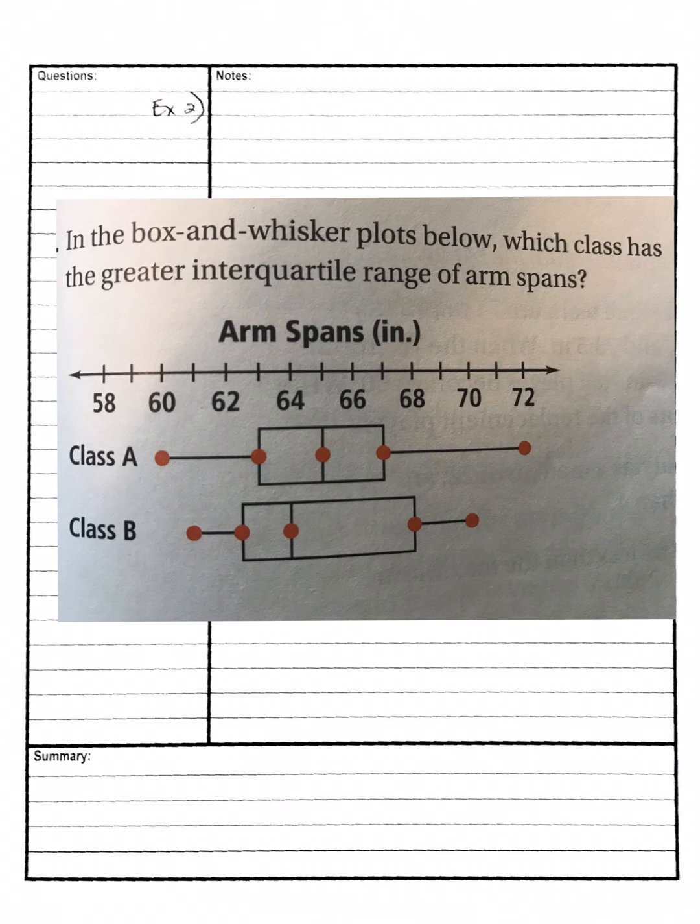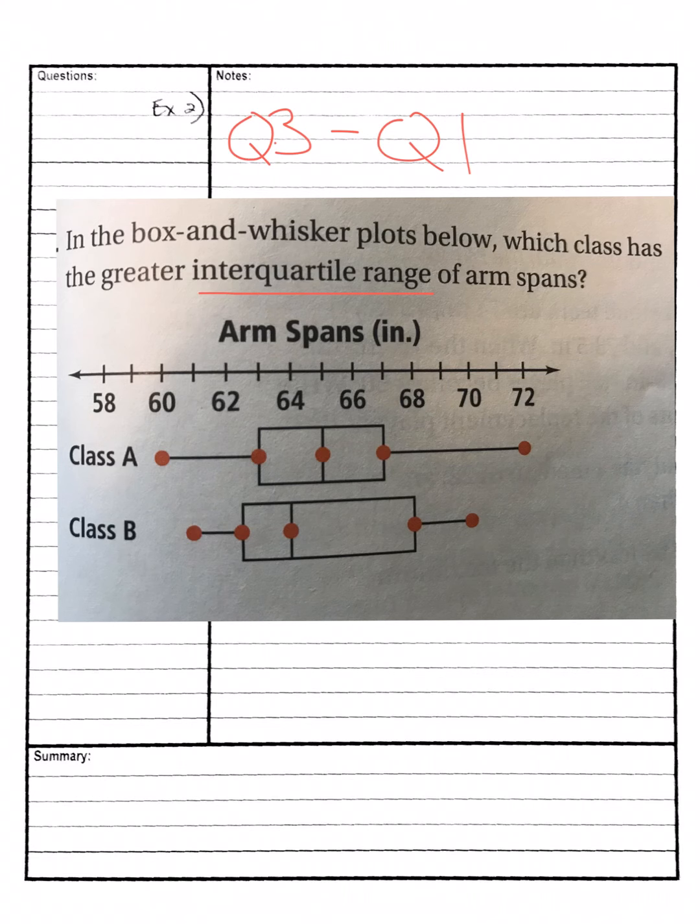I haven't actually talked to you about that yet, so this is a perfect time to talk about the interquartile range. The interquartile range is a form of dispersion. It is the difference between Q3 and Q1, so we're literally subtracting Q1 from Q3.